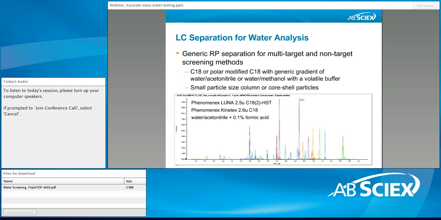The chromatogram you see here is an example where we detected a number of pharmaceuticals and personal care products. These are very good chromatographic conditions suitable for multi-component analysis.